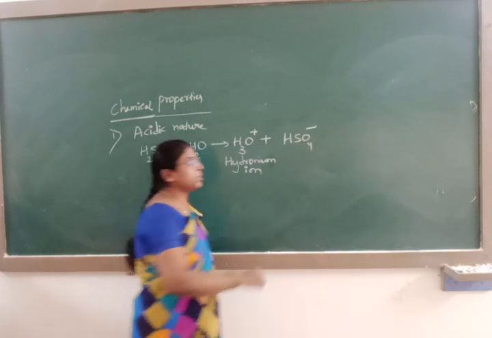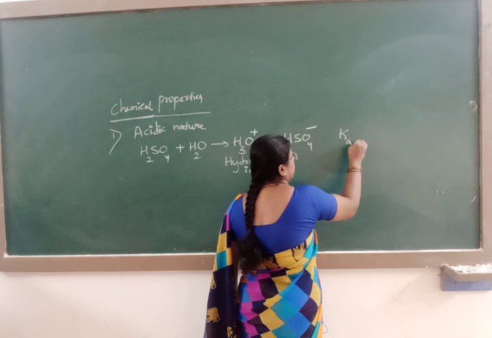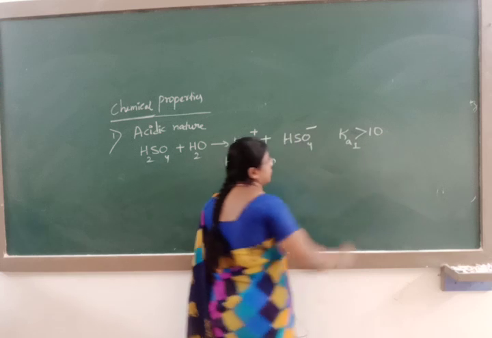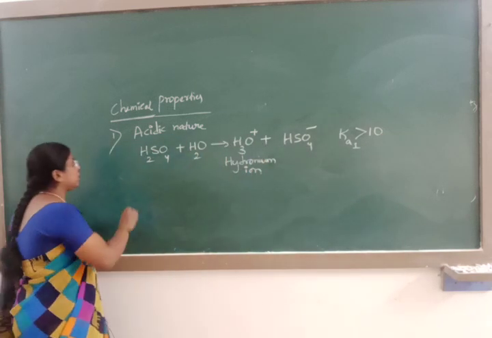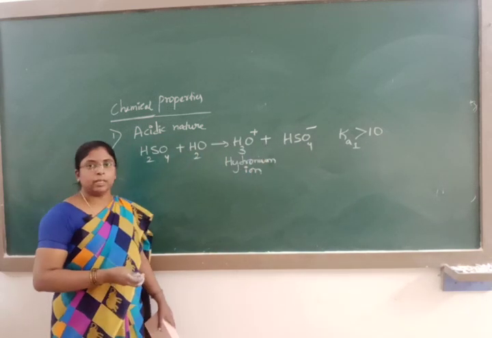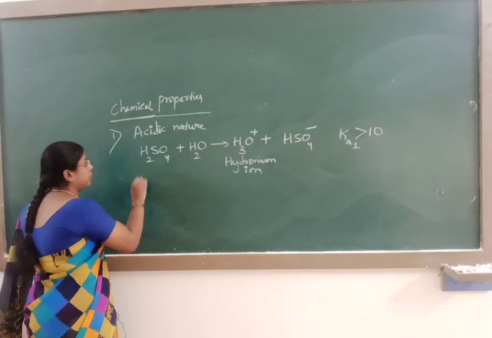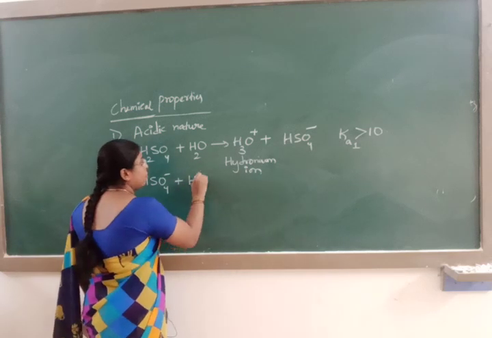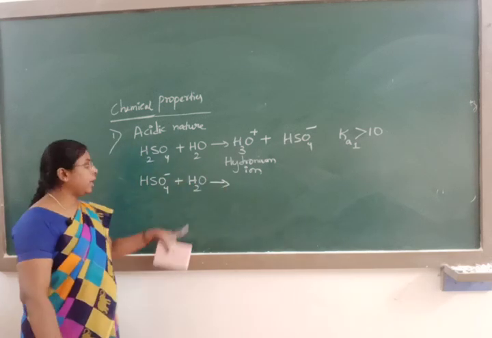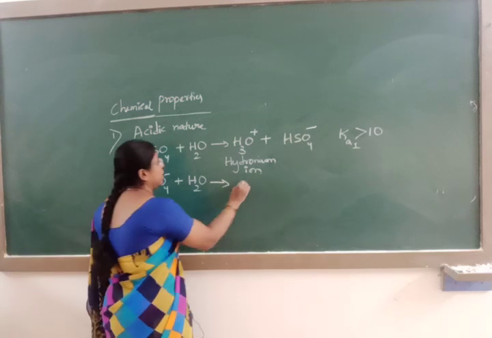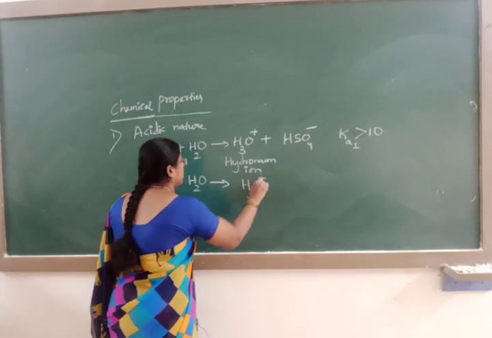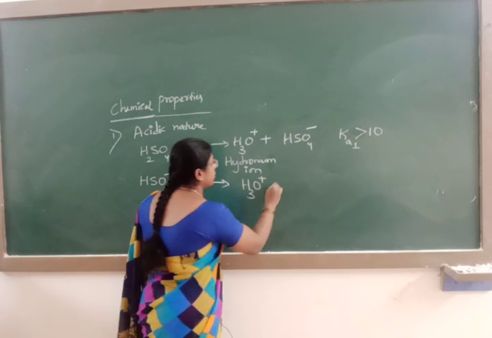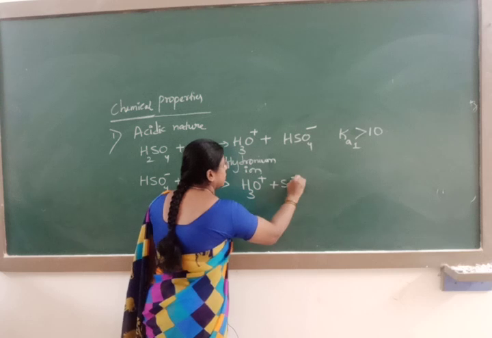For this reaction, the K value, let us take it as K1, will always be greater than 10. Higher the K value, stronger will be the acid. The obtained HSO4 minus, when it reacts with another molecule of water, forms a hydronium ion, H3O plus, and SO4 2 minus.